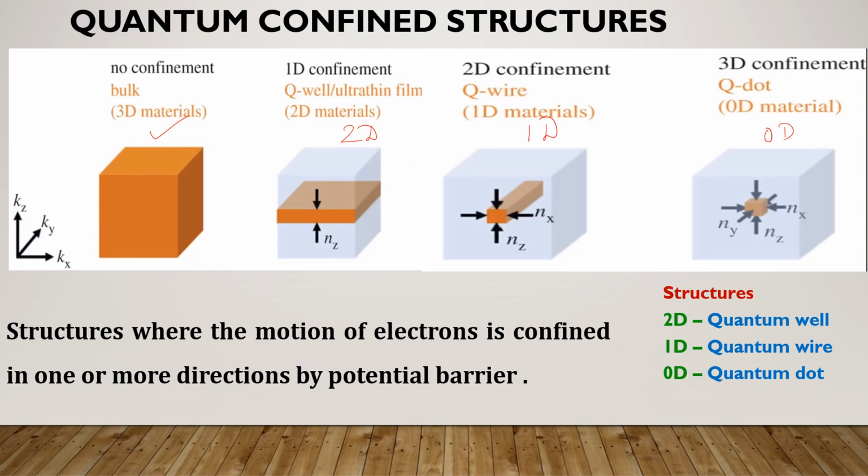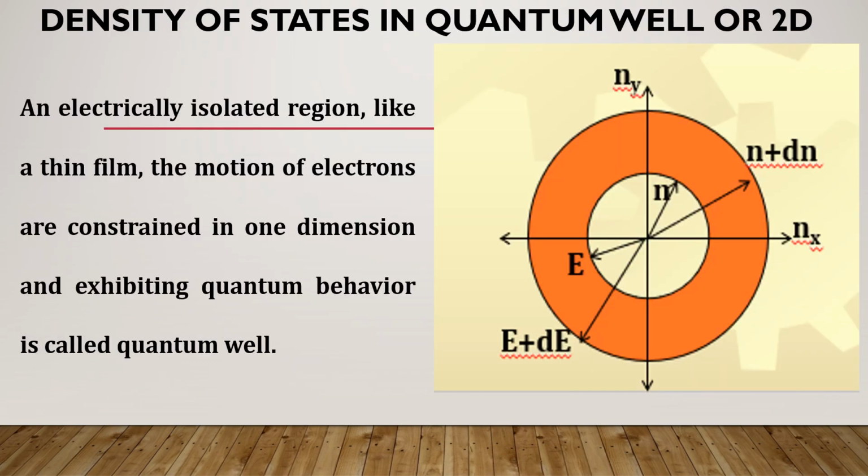The other names for 2D is quantum well, 1D is quantum wire and 0D is quantum dot. So these three are called quantum confined structures. The restriction of the electrons to move in one or more directions by the potential barrier, then those structures are called quantum confined structures.